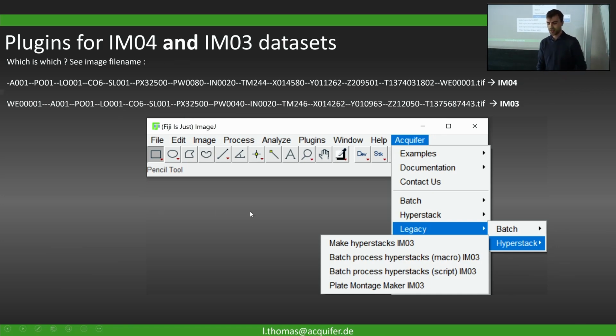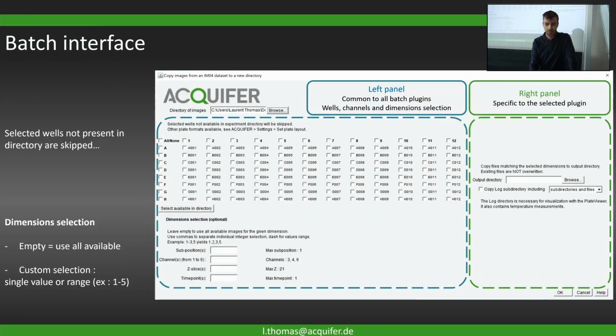So if you have an IMO 3 dataset, you should go under this legacy menu, and you will find the same plugin with just an IMO 3 suffix. For the rest of the demo, I'm going to focus on IMO 4, but it's really the same for IMO 3. It's just the file name changing.